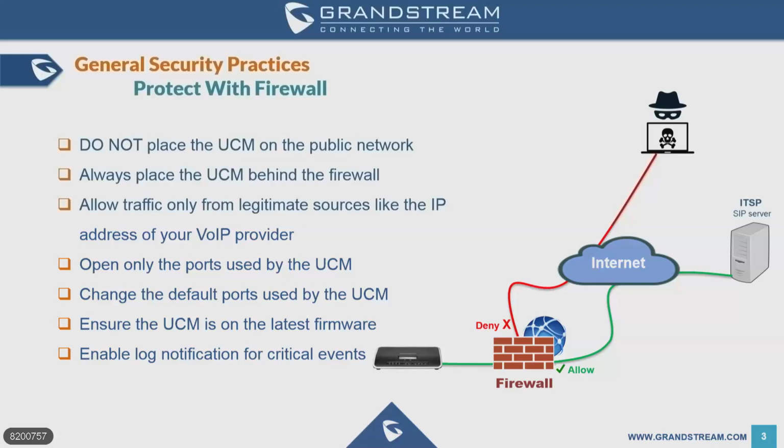The same thing applies to the web access using TCP port number 8089 for HTTPS. I strongly recommend to change it as well. And if you only access the web interface from the LAN side, you can just go ahead on the firewall and block that port so nobody will be able to access the UCM from an external IP.